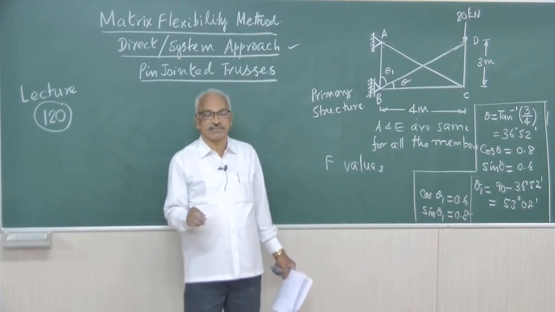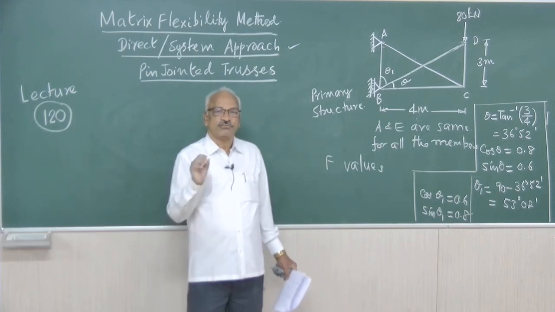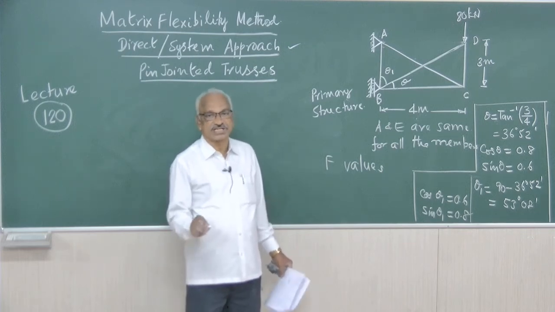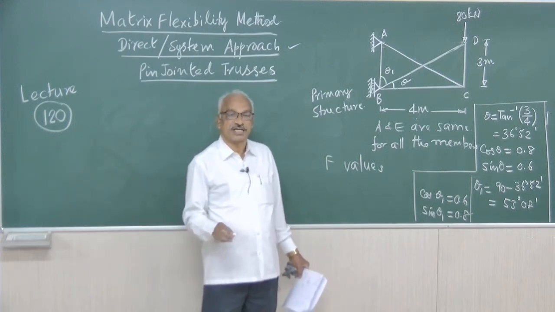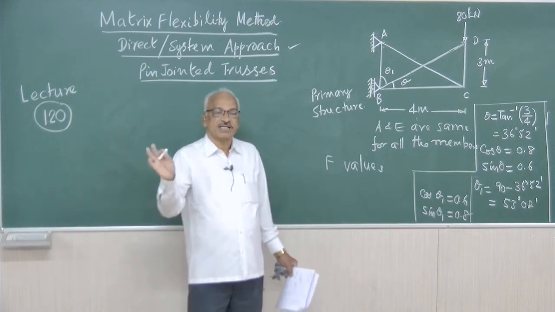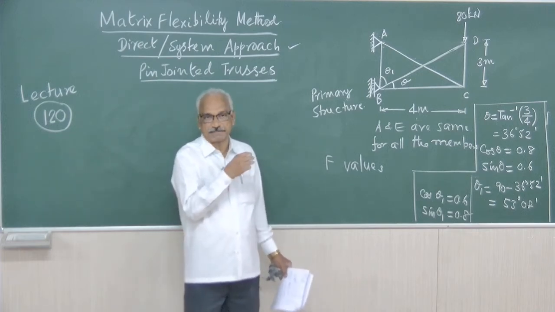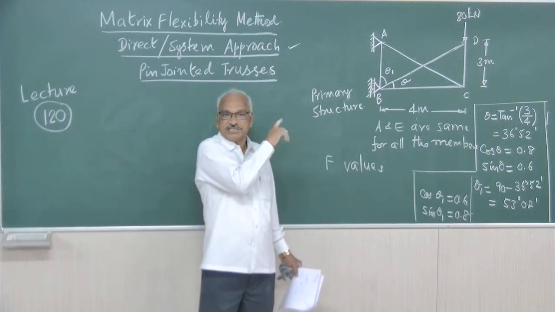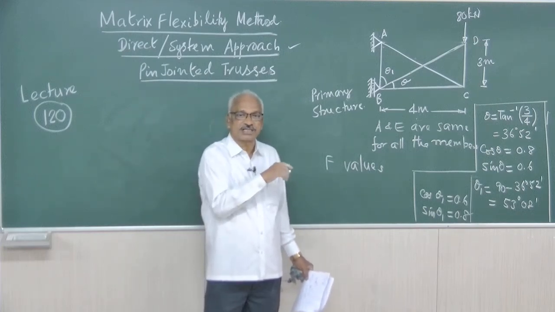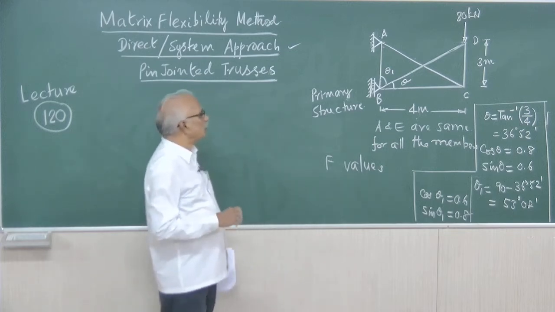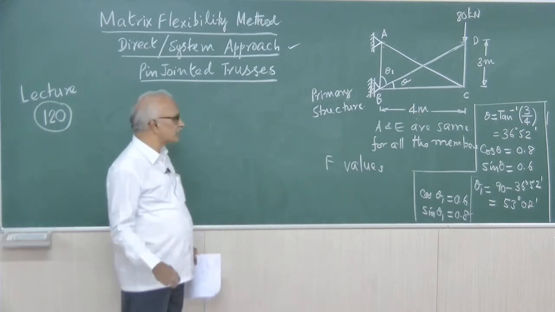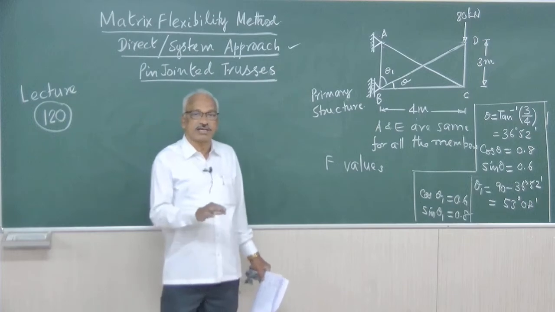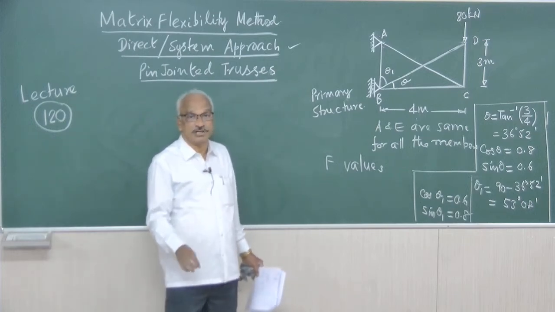Before starting, first we have to find out all the reactions. So, that is very important. If it is a cantilever truss, we can start the analysis from the free end. When it is a simply supported truss, with one support hinged and the other on rollers, we have to first find out the reactions, satisfying all the equations of equilibrium.